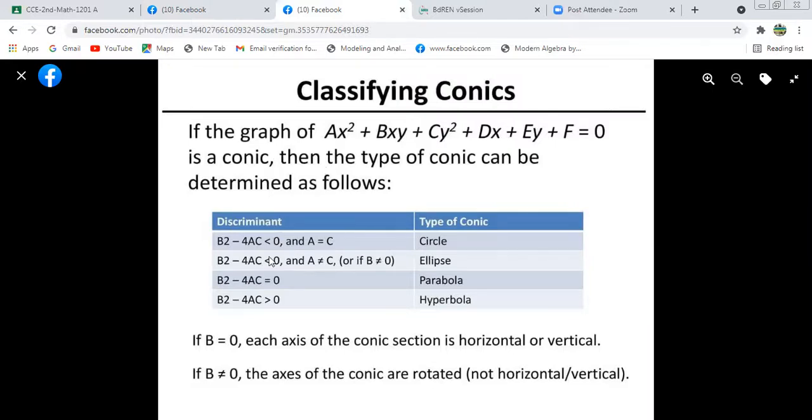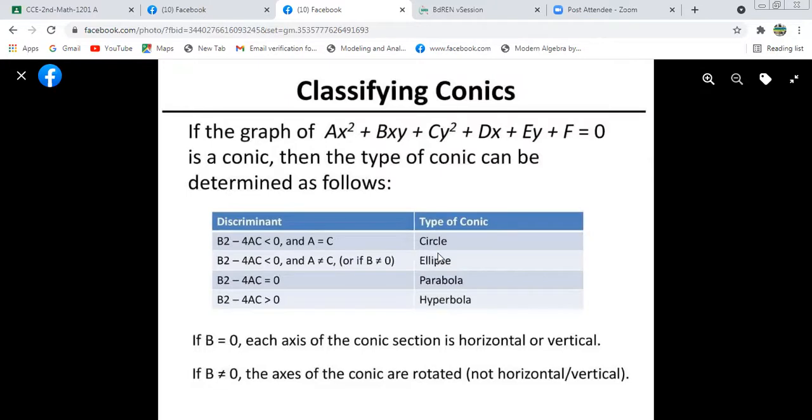Depending on the discriminant, we can classify the general equation of second degree into 4 categories. One is circle, when discriminant is less than 0 and the coefficient of x square and coefficient of y square are equal. But if the discriminant is less than 0 and a is not equal to c, or b is not equal to 0, then we get ellipse.